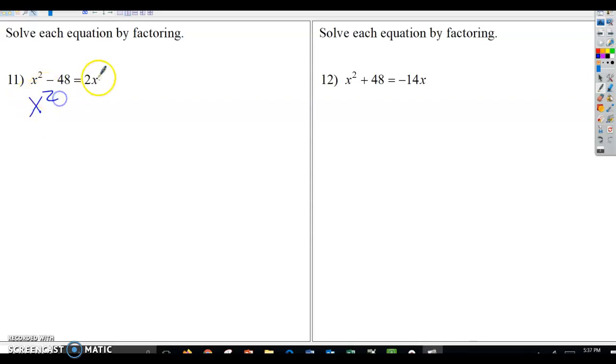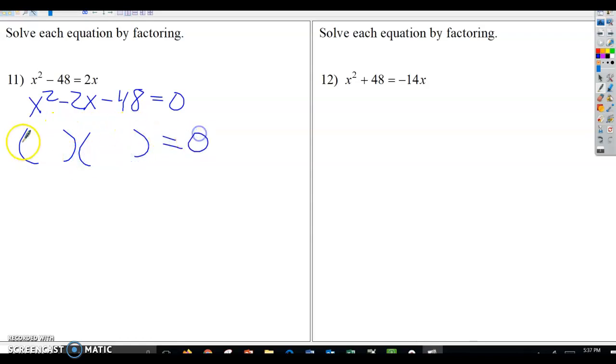So x squared, subtract 2x minus 48 equals 0. Because that was my linear term, that's why it goes in the middle, so that I can factor. X times x is x squared. I need two numbers that multiply to give me 48 and add to give me 2. So it's going to be 6 and 8.